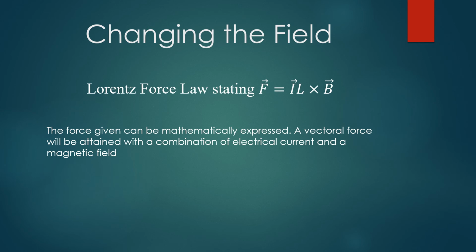Lorentz force law, stating a vectoral force is equal to a vectoral current flow times the length of some conductor times the magnetic flux. The force given can be mathematically expressed.